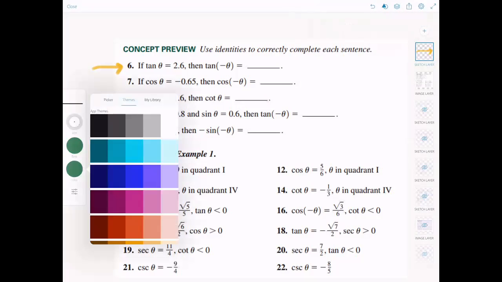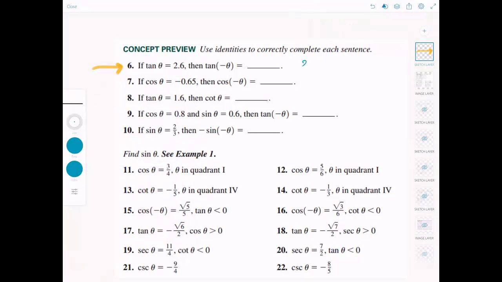Is that going to be 2.6 or negative 2.6? Negative 2.6. Very good, you're right. I'm not going to ask you why, but because you have this in your note sheet: tangent is an odd function. On that page, I show you tangent of negative theta equals negative tangent of theta.